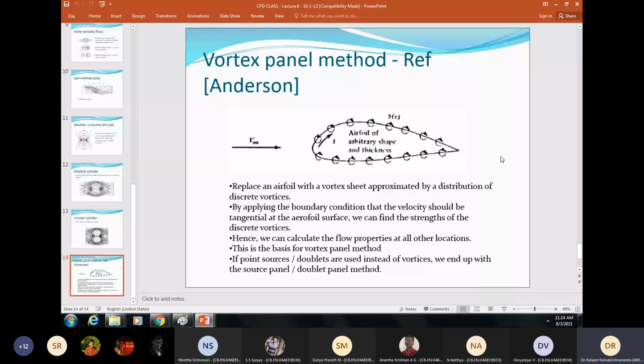So you have to drop one of these equations. With n unknowns and n equations, you can solve. With n plus 1 equations, you have an overdetermined system.